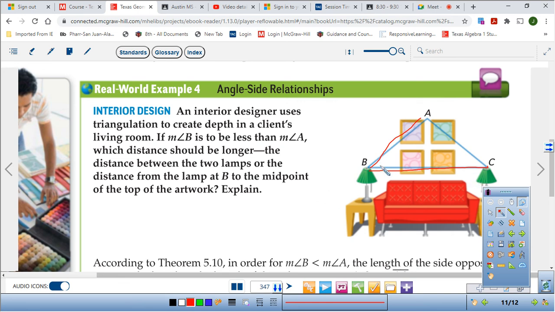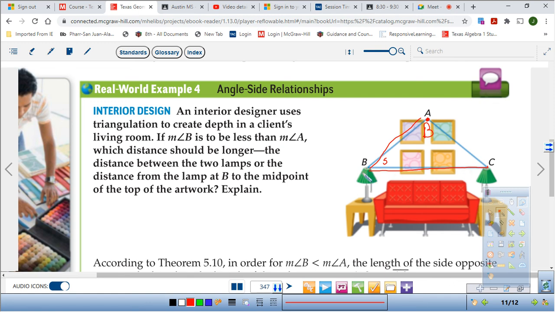Remember, they want this angle smaller, and they want this one bigger. So the question is asking which side length should be shorter, this one here or that one there. Remember, this is the midpoint of the top of the artwork. What do y'all think? Does that help us out with anything?